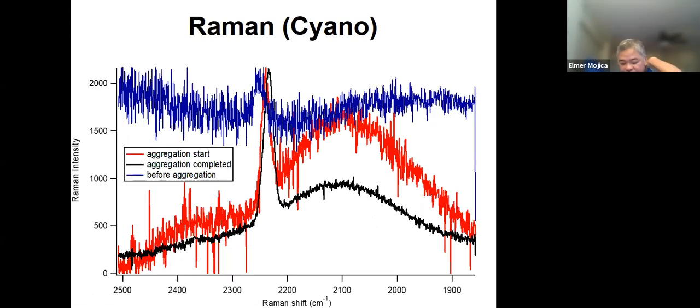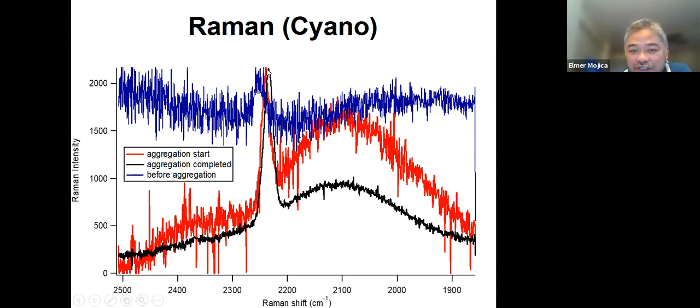Now we also follow the slow-forming peptide, the cyano one. So what happened here before aggregation, this is what we have. And then when the aggregation starts, I don't know if you can see the red one there.